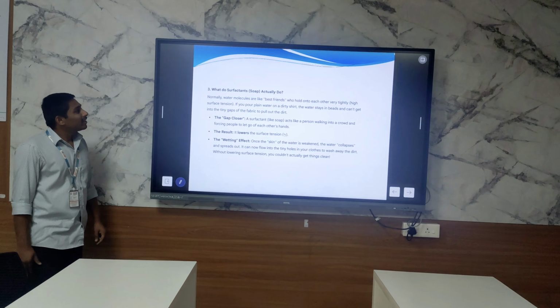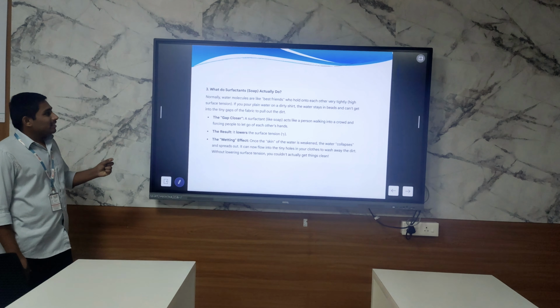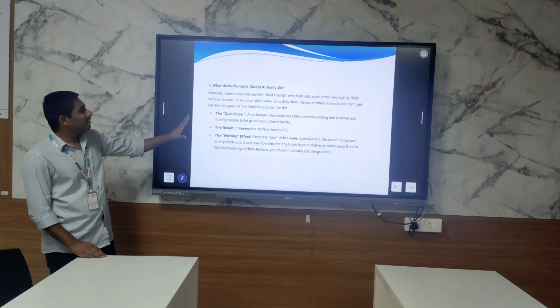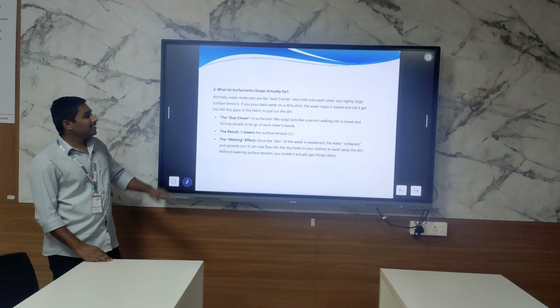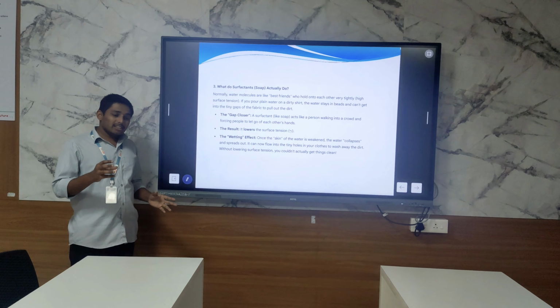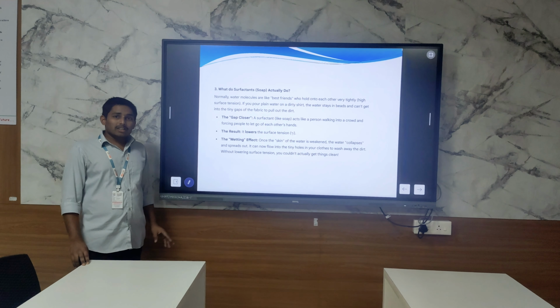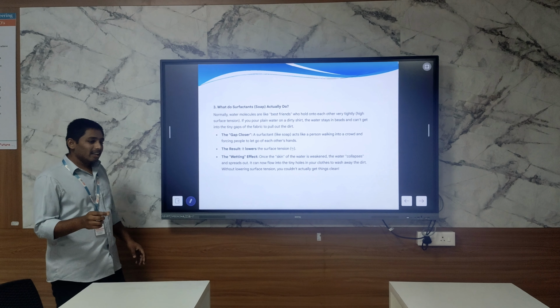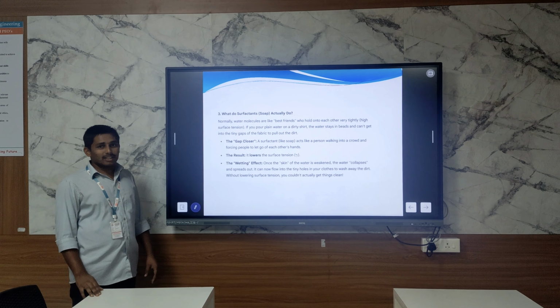And the third one is surfactants, where we can consider soap or detergents. How? When we pour water over dirty clothes, the water doesn't penetrate the clothes.